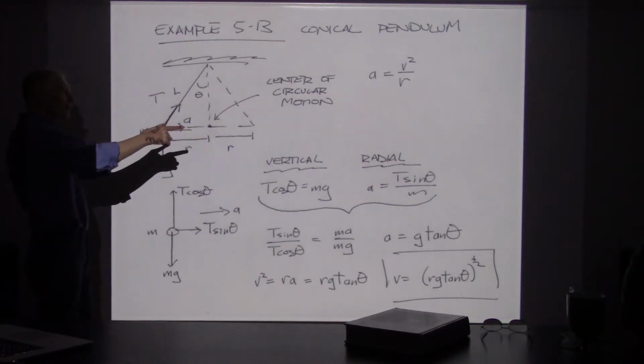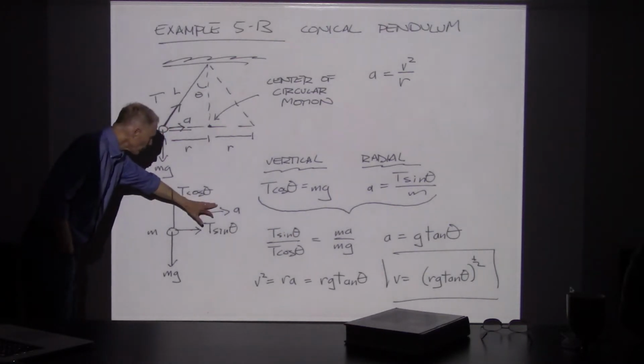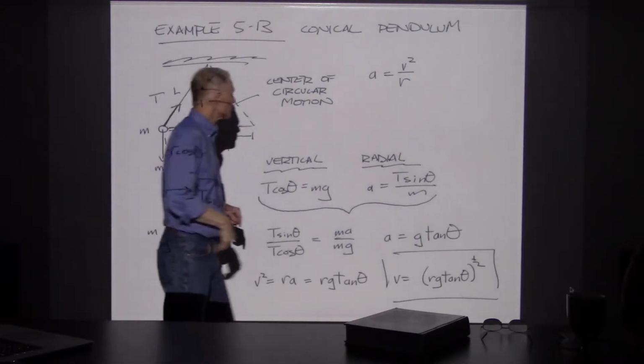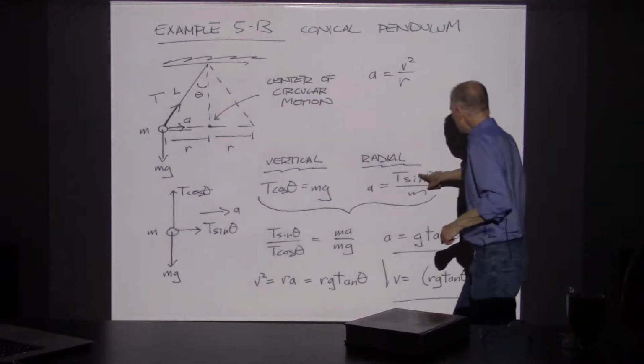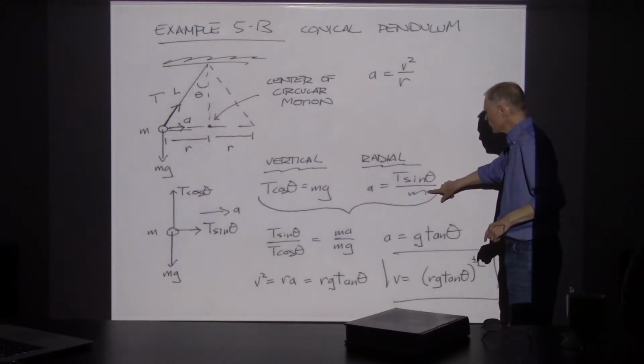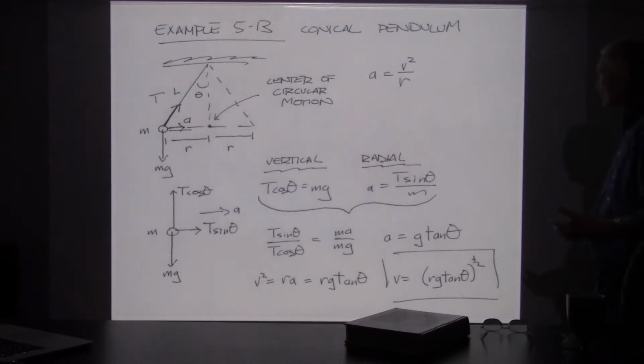Now in the radial direction, or the centripetal, the acceleration is equal to the net force divided by m. So the acceleration will be a result of T sine theta, and we have to divide that through by m to find out just how much acceleration we'll get.